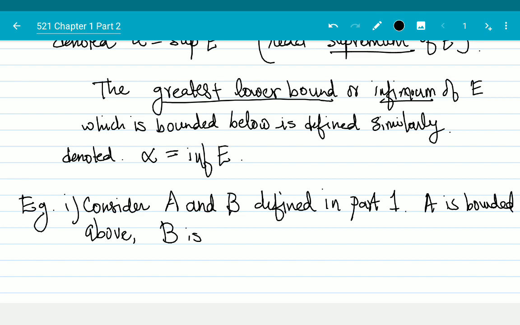B is bounded below. Why? Well, anything in A is a lower bound for B, and anything in B is an upper bound for A.